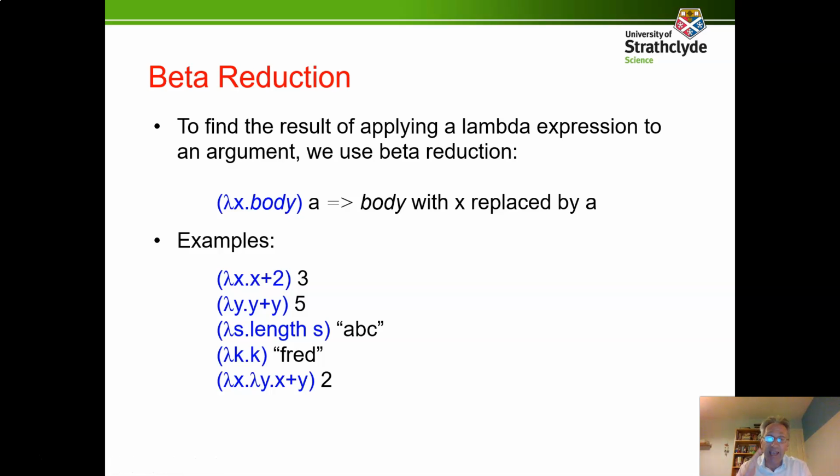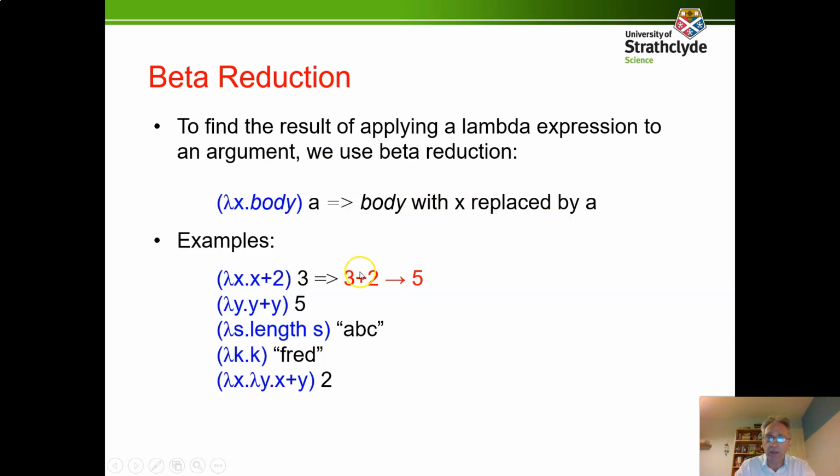So we're going to write down x plus 2, but every time we see x, we write 3 instead, because that's the bound variable. So we're going to write this down, but with the bound variable replaced with 3. And once we've done that, we can evaluate it. So this is going to produce the result 3 plus 2, and that will then evaluate to 5, like that.